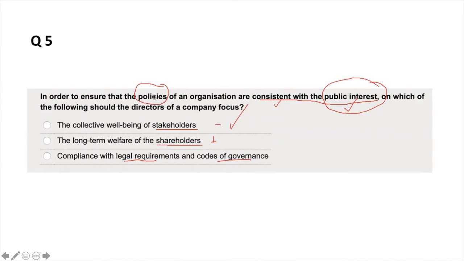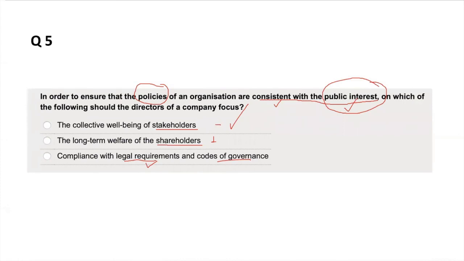Now, the policies that are consistent with the public interest are not the laws that the company should go by. For example, a law on data privacy like GDPR is a law that does protect the people, the customers of the company or anyone relevant with the company, but going through a code of governance, for example, may not be the case, because codes of governance are actually codes that help a company be directed and structured.